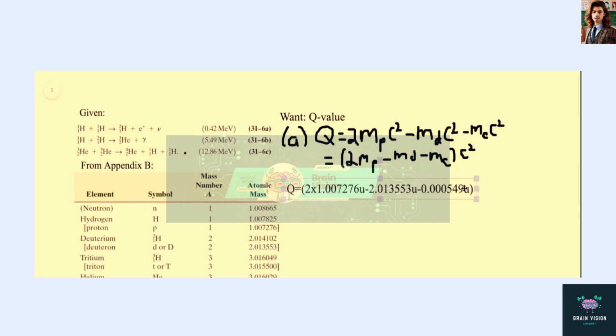We want all of this to be multiplied by c squared. And now you'll note that our units are in atomic mass units times c squared, whereas for our final answer, we're looking for it to be in mega electron volts. So we'll need a conversion factor, which is 931.5 mega electron volts per c squared per u.